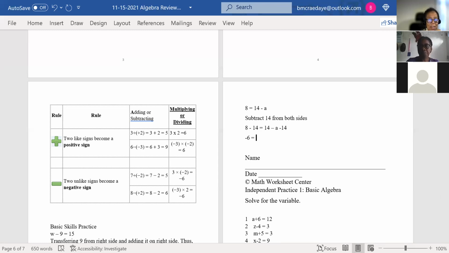What do you have left on the right side, Maureen? No, plus 14 and minus 14 gave you 0.